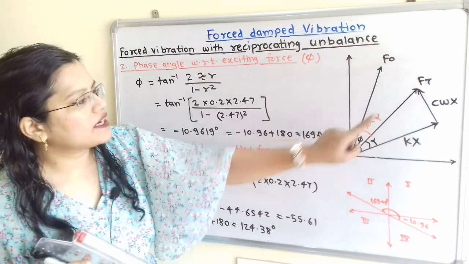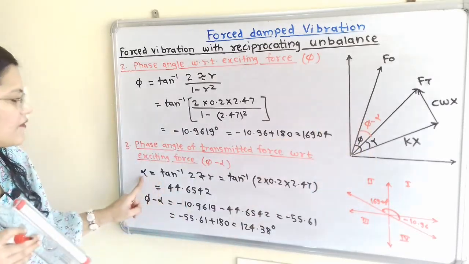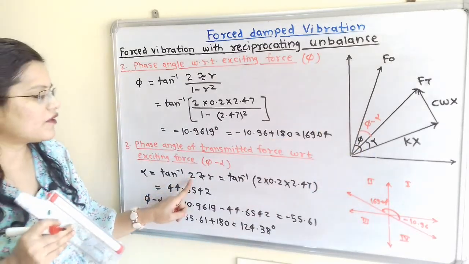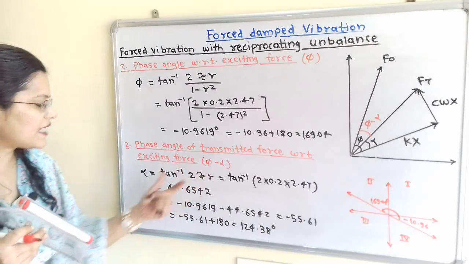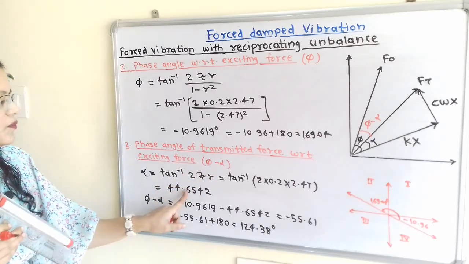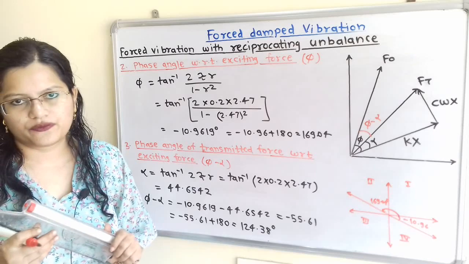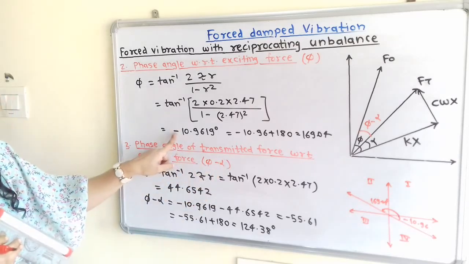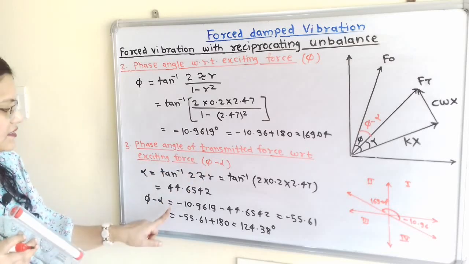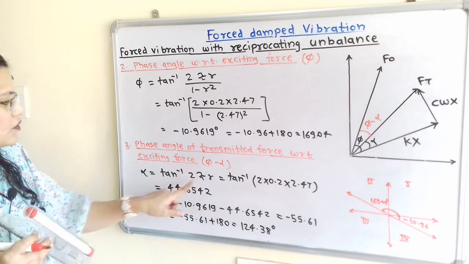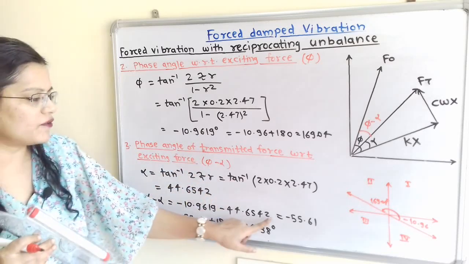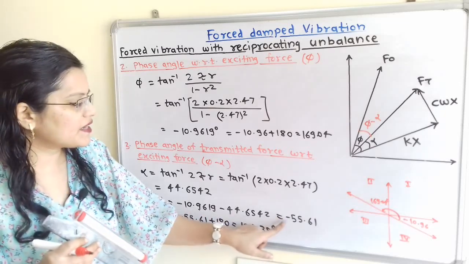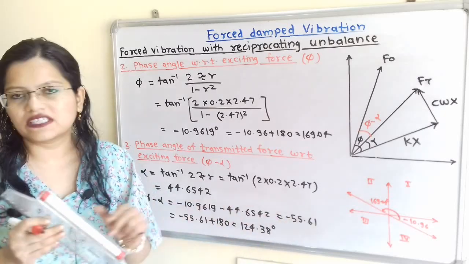How to calculate this angle alpha? Alpha is equal to tan inverse of 2 zeta r. When we calculate, we get 44.6542. Now we calculate phi minus alpha. Phi is minus 10.96 degree minus 44.6542, so we get minus 55.61 degree.